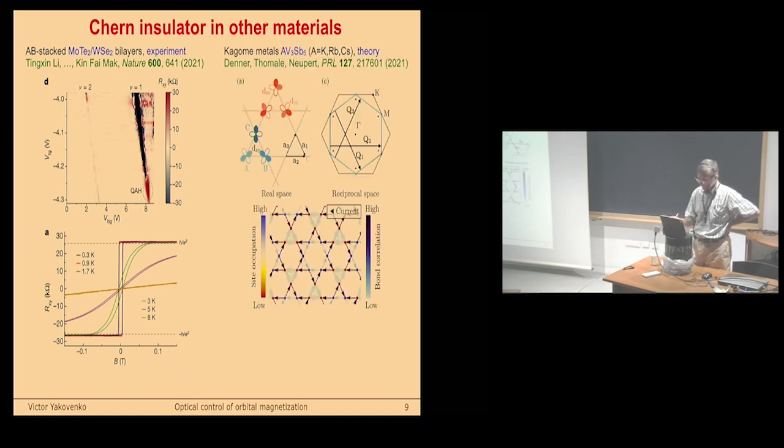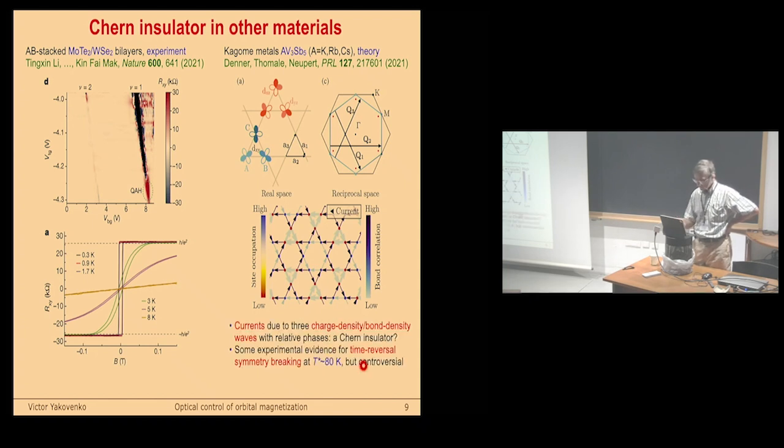This is Kagome materials. I will not talk too much about it. There was some experiment suggesting that these Kagome systems break time reversal symmetry around 80 Kelvin, but it's experimentally controversial.